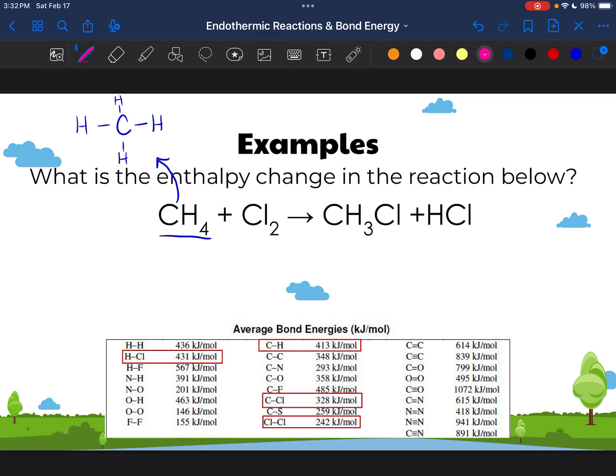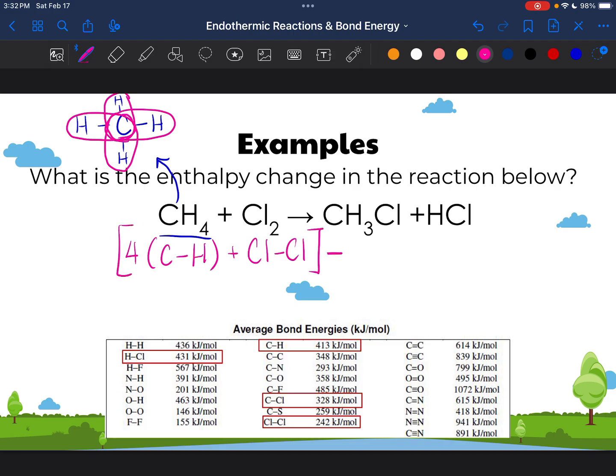So for CH, we have 1, 2, 3, and 4. So how we write this down is 4 times C-H, because there are 4 of those. And then for Cl, we know that it's Cl-Cl.